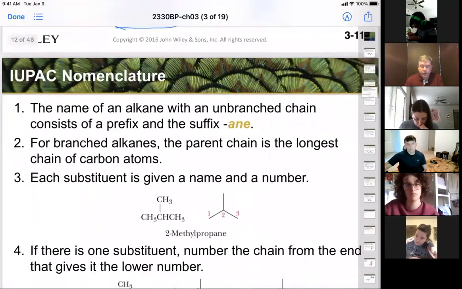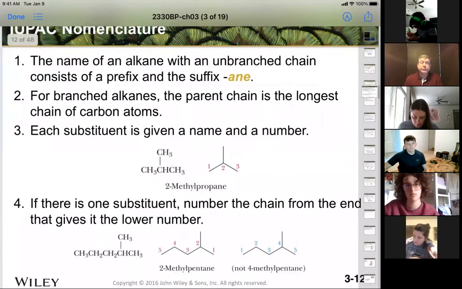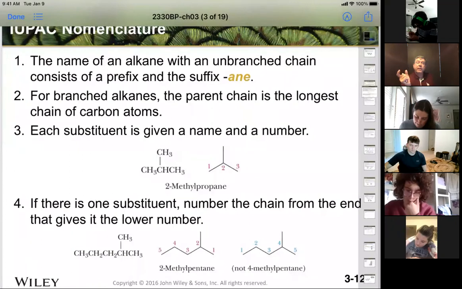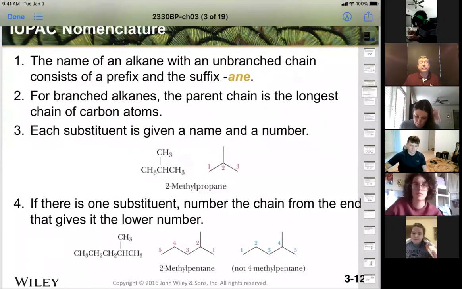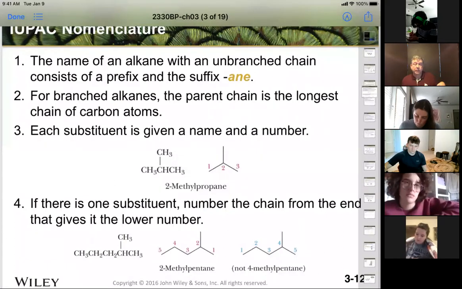Okay, so let's add a couple more rules. We're going to find the longest unbranched chain to make it the parent. That gives us the prefix, the number of carbons on our longest unbroken chain. And because we have a saturated hydrocarbon, we add the suffix -ane. Now we need to identify all the branched parts coming off there and give each substituent a name.